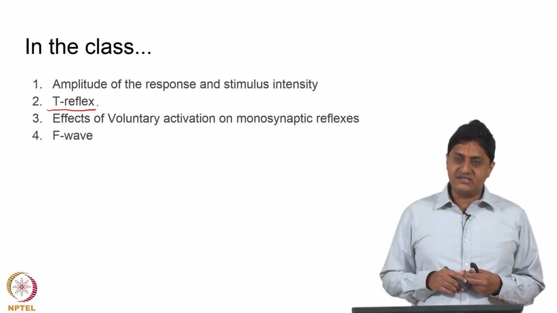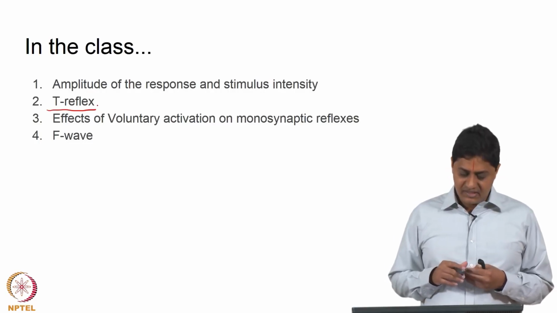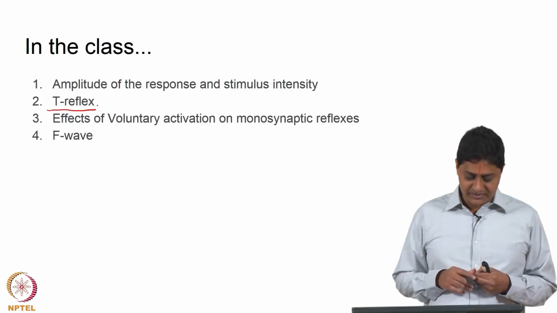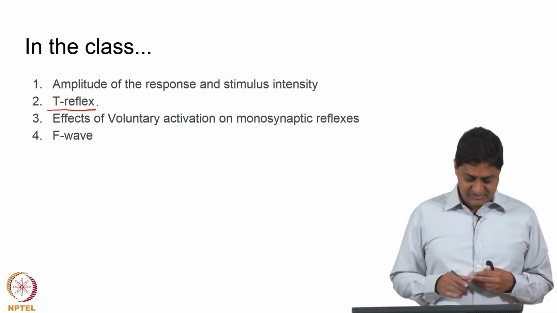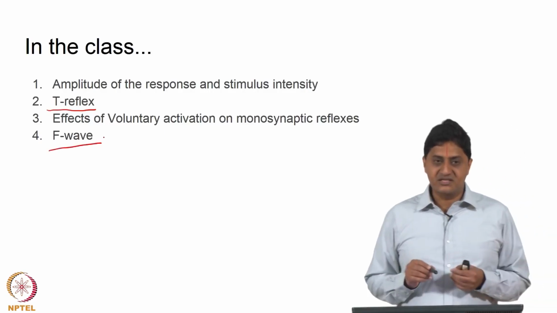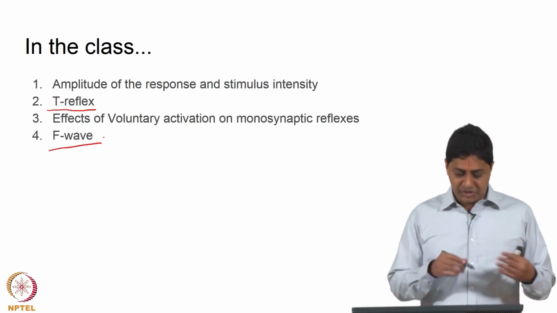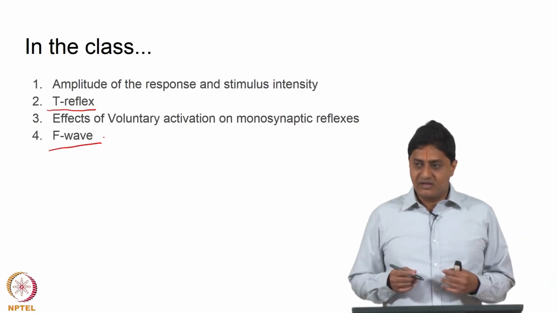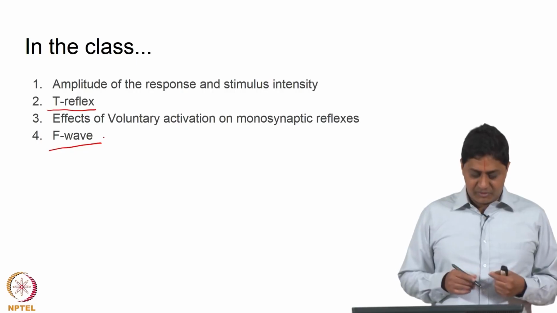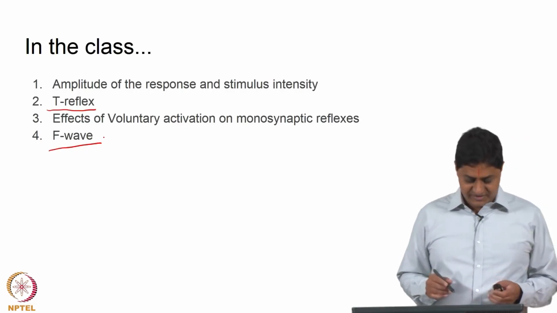So is reflex amplitude always the same? How is that affected? How is that modulated? And why is that important? That is the third topic. And then we will talk about a very special case where an action potential backfires and produces another action potential from the alpha motor neuron, or the F wave. We will discuss these kinds of things.